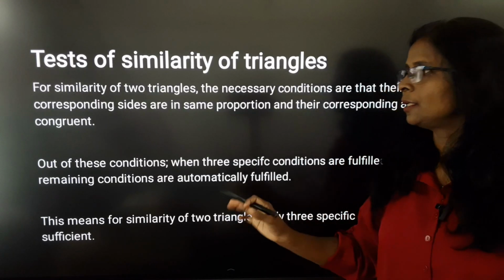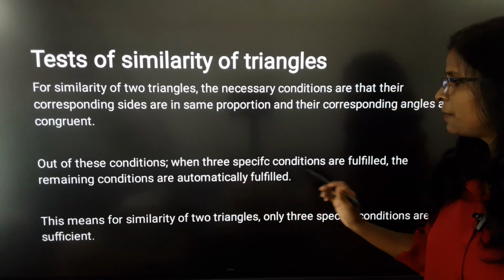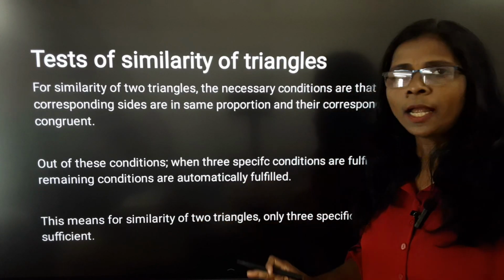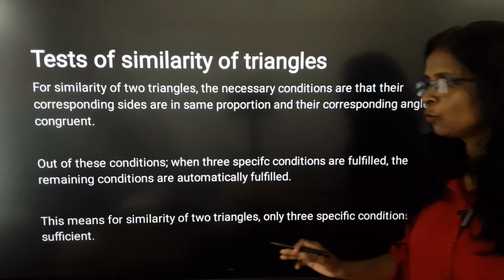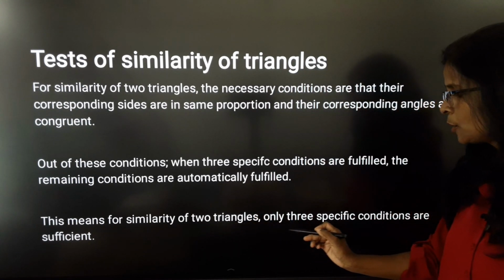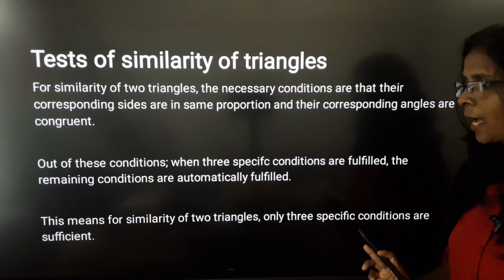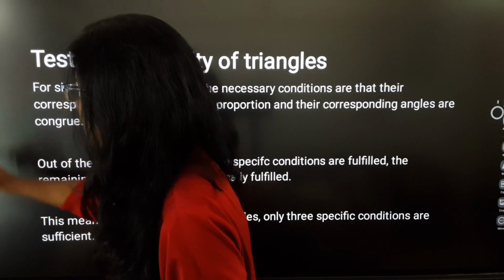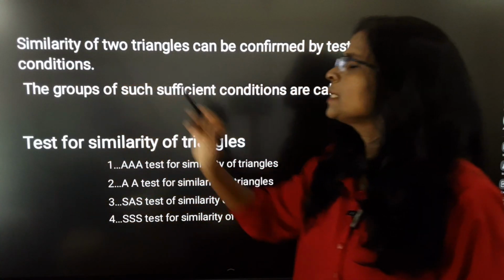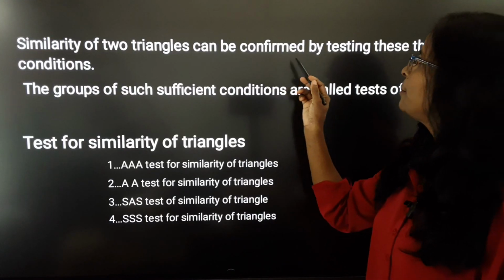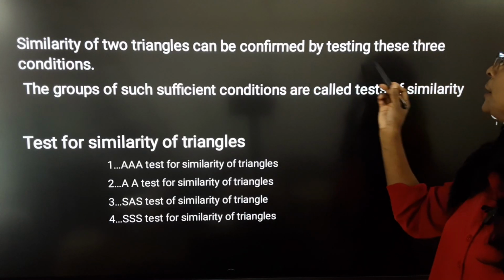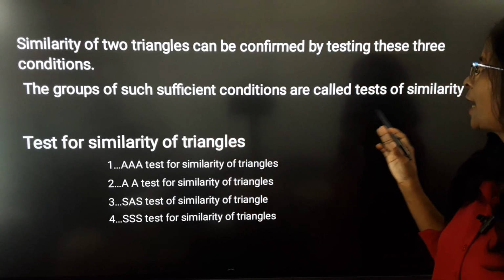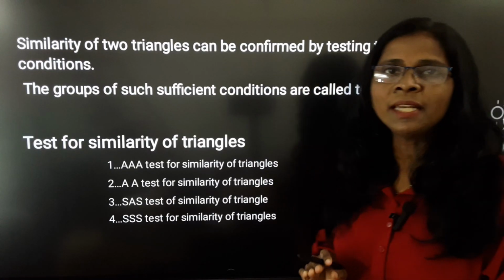But it is not necessary that all of them be checked. When three specific conditions are fulfilled, the remaining conditions are automatically fulfilled. So only three specific conditions are sufficient for similarity of two triangles. Similarity of two triangles can be confirmed by testing these three conditions. The groups of such sufficient conditions are called tests of similarity, students.